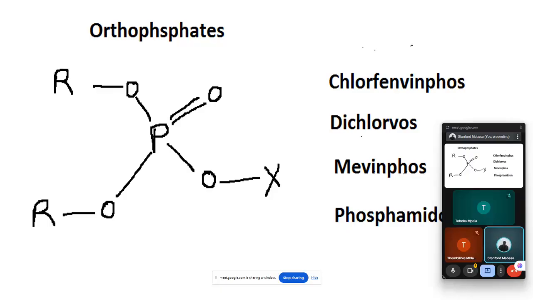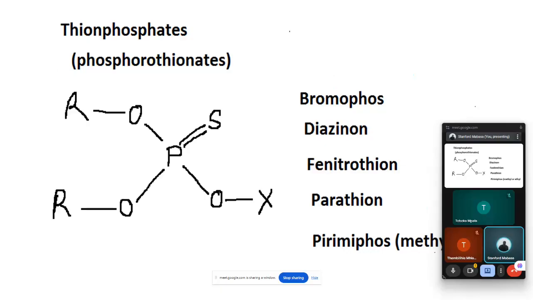Then X, the leaving group. These are some of the examples of insecticides represented by the orthophosphates. You have the clovenphos, dichlorophos, methenphos, then the phosphamidone.